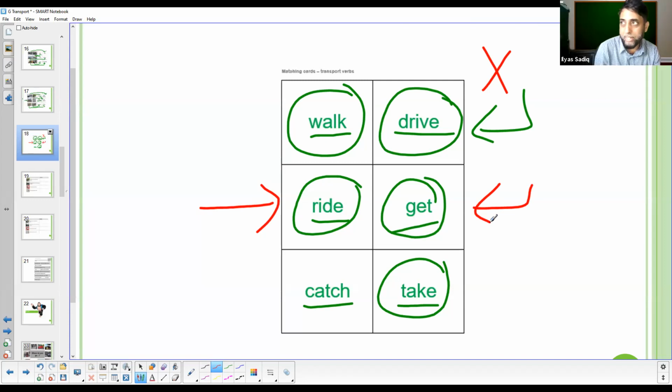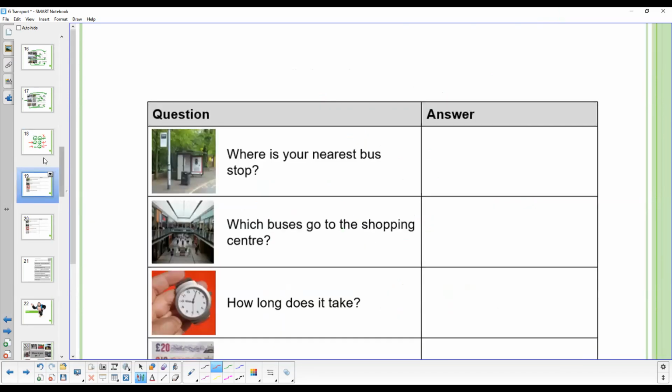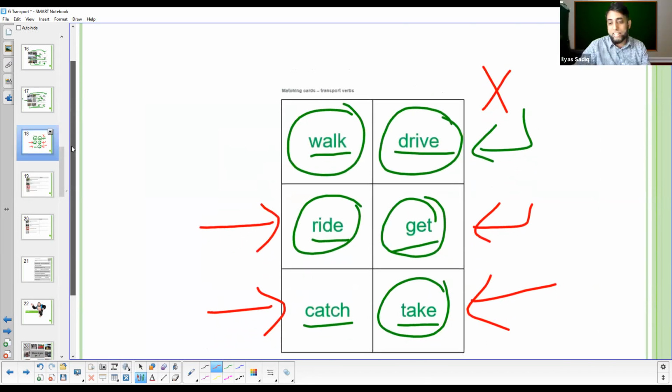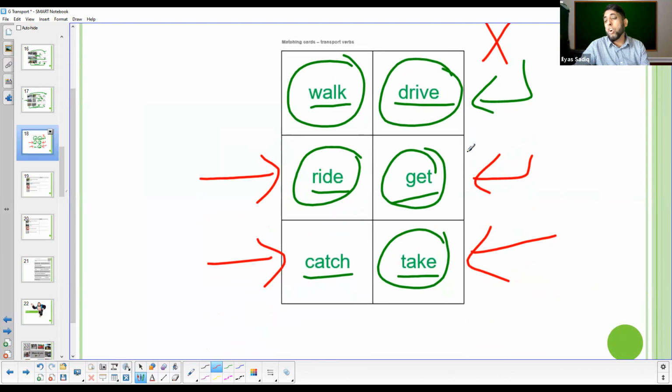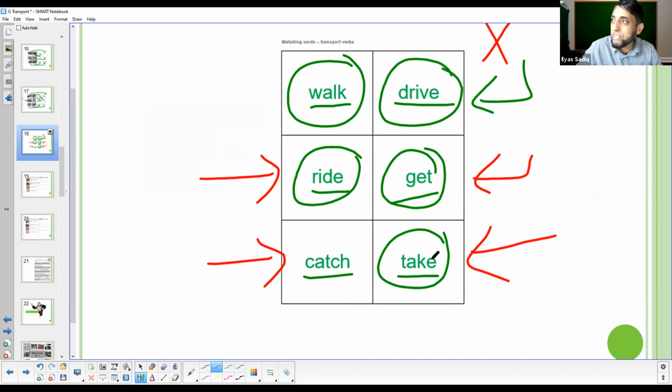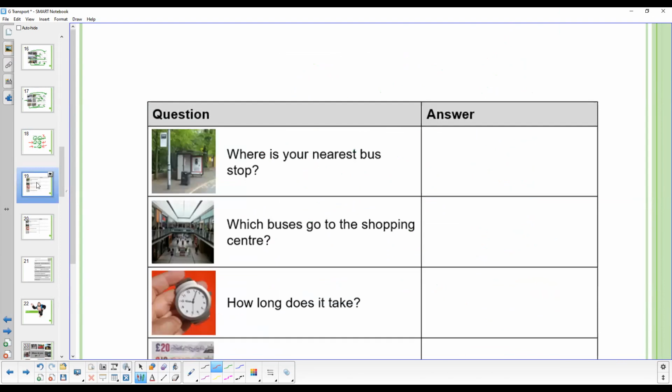We can ride a bike. So we get the taxi, we catch the train, and we take the tram. Always take a tram, and catch a taxi or get the taxi can be both. Usually we call it get the taxi. Catch the bus. Take a tram or take a train. Yeah, thank you. All right.